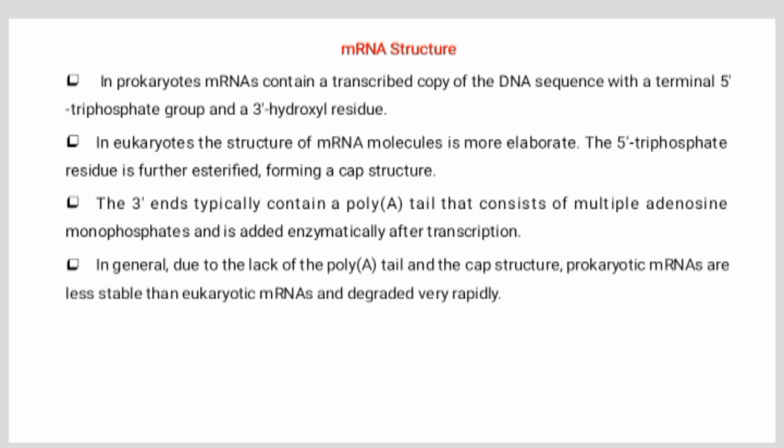The 3' end typically contains a poly A tail that consists of multiple adenosine monophosphates and is added enzymatically after transcription. In general, due to the lack of the poly A tail and the cap structure, prokaryotic mRNAs are less stable than eukaryotic mRNAs and degrade very rapidly.